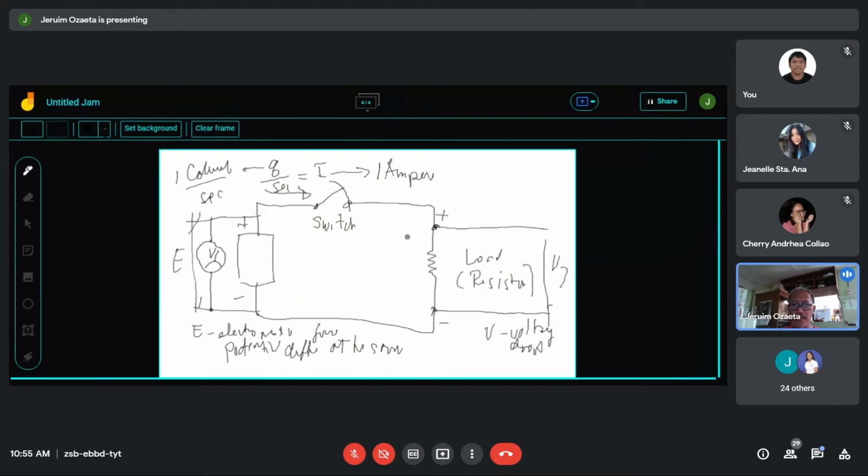So this is now the circuit which completes the flow of the charge, where the charge is coming from the source and being used in the load.